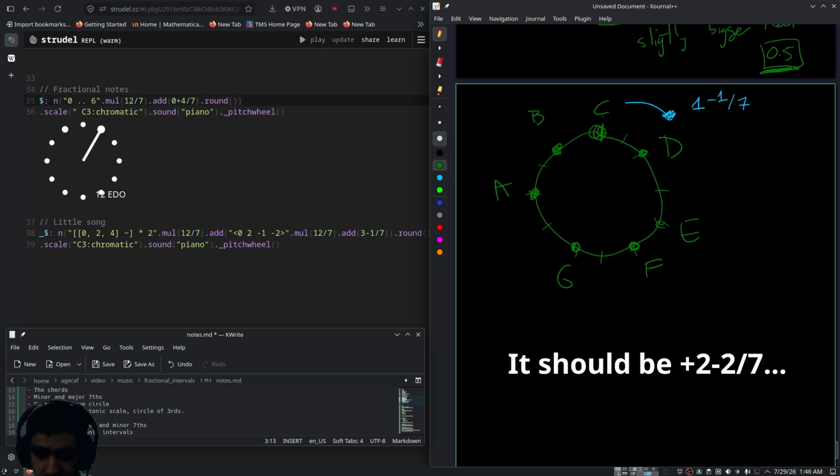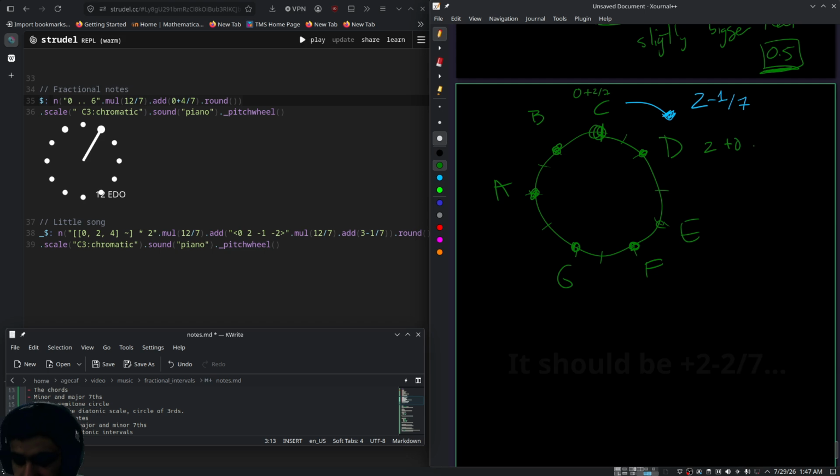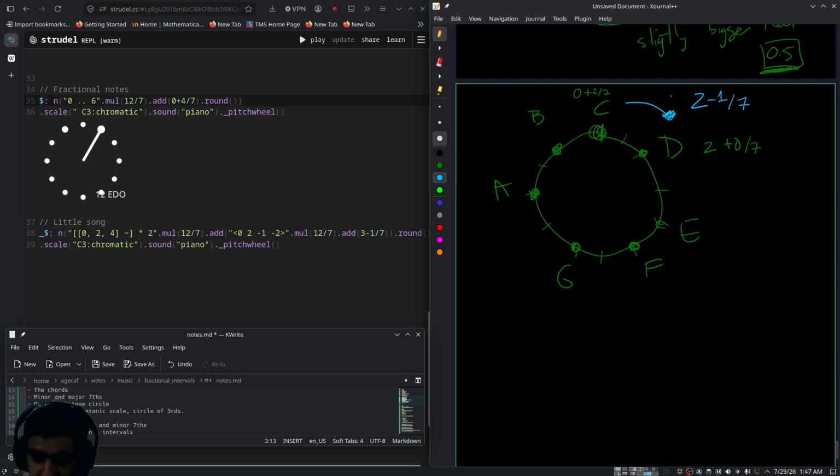Sorry, not 1, it should be 2. Because we're going from 0 plus 2/7, we're going down to, that should be 2, because we're skipping over the C sharp, and that should be +0/7. And so it's not -1/7, it should be -2/7, right?